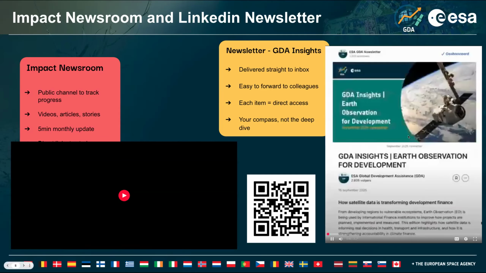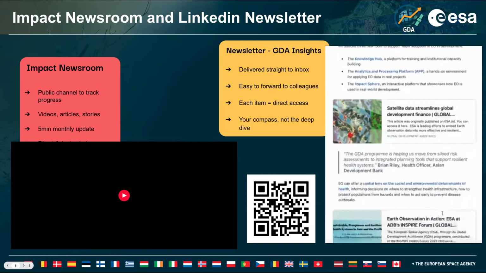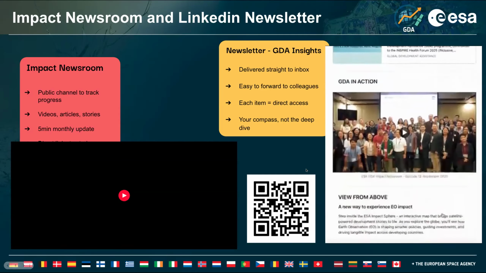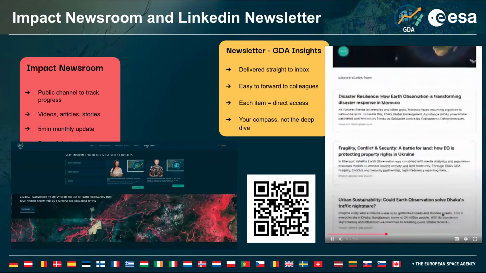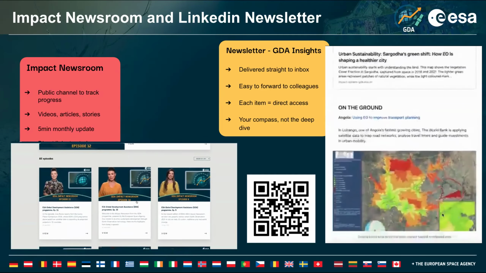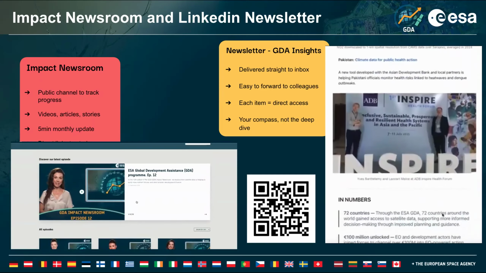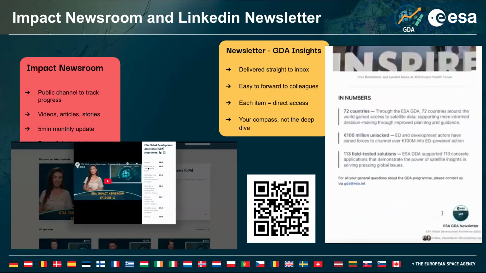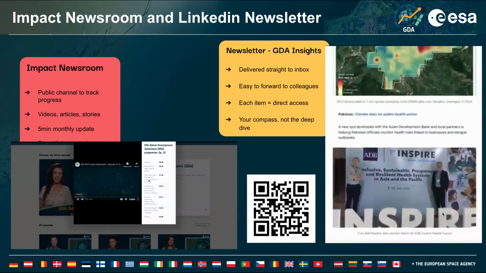It's really basic, and you can forward it very fast and efficiently. Together with the newsroom, these two tools help you be up to speed without getting lost in the mechanics of the GDA program. You should see them not as the deep dive, but more as the compass.